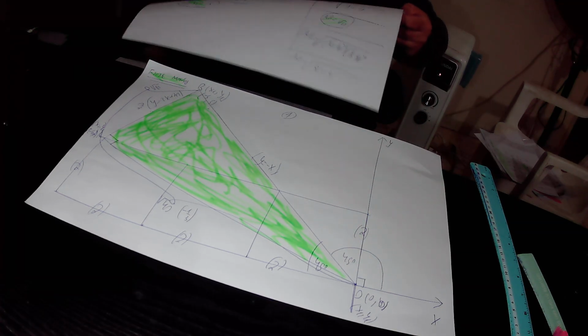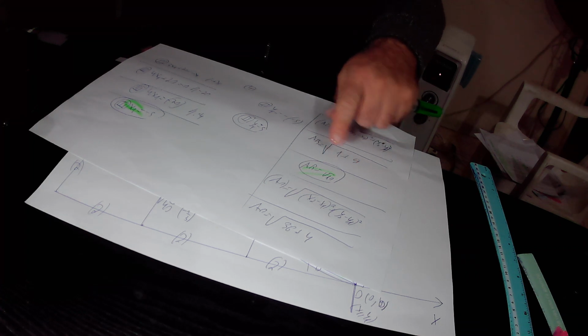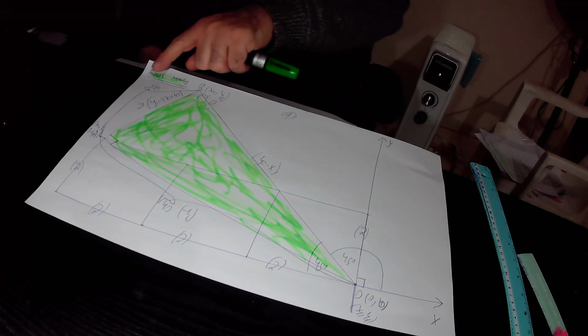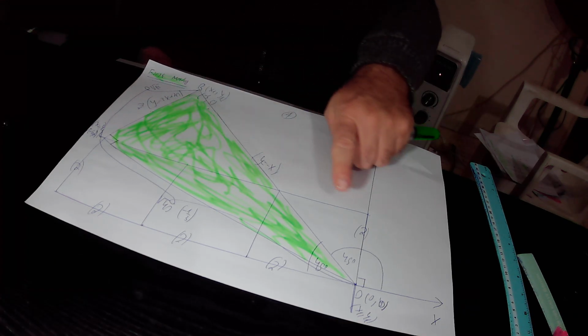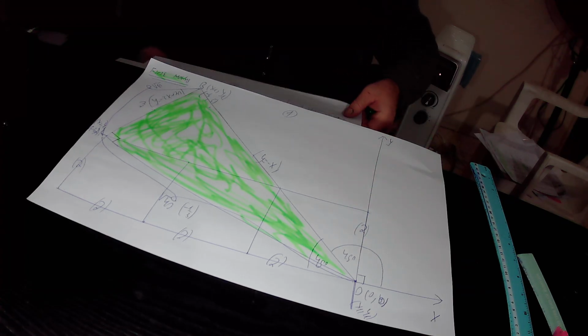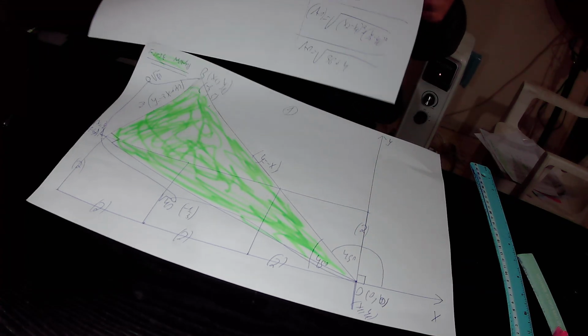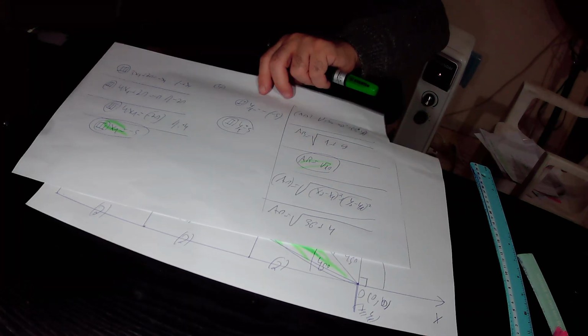So AO equals the square root of (x2 minus x1) square. x2 is minus 6, minus 0, square. Minus 6 minus 0 is minus 6, and minus 6 square is 36. So (x2 minus x1) square equals 36.